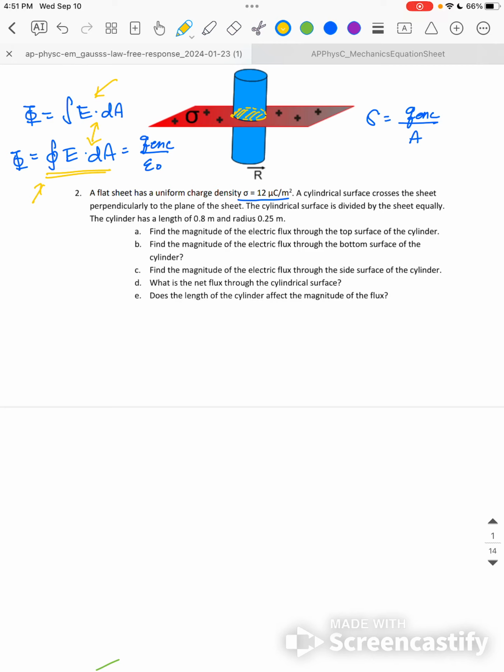Now, when we solve this, I'm going to show you both methods, one with Q enclosed and one with E dot dA, and you can see that they actually pan out to be the same expression.